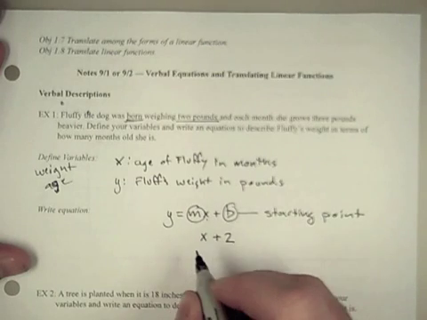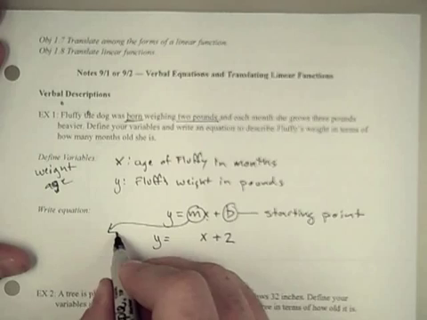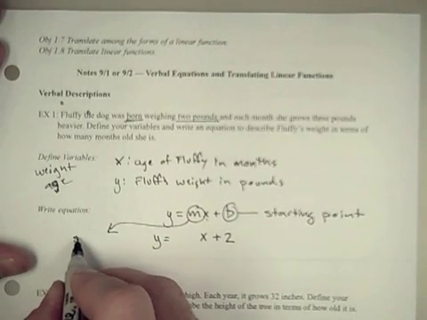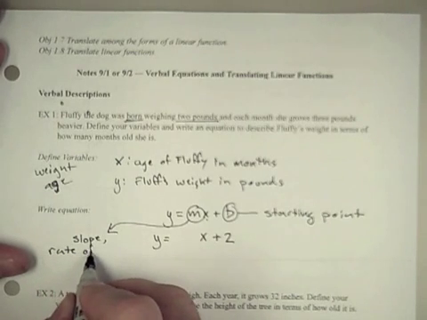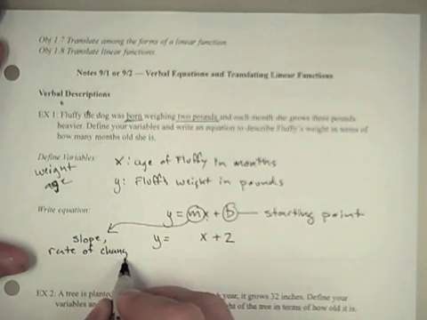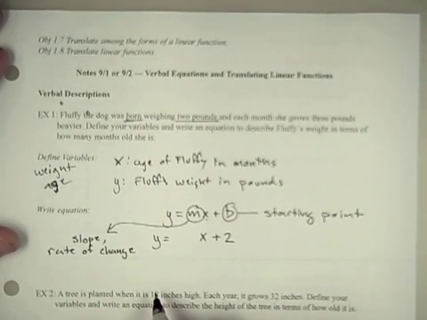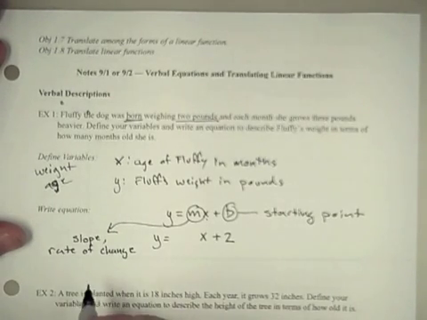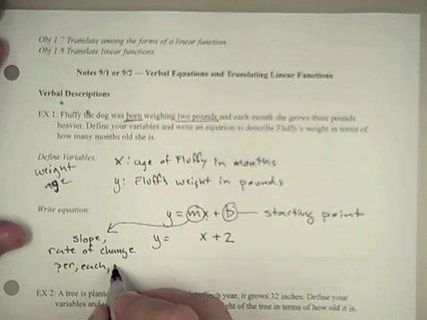We always know we have the x, and we always know we have the y. The other one is the m, and that is the slope, or rate of change. How fast Fluffy's weight is changing in relation to how many months old she is. The key words that tell you that something is a slope are per, each, or every.